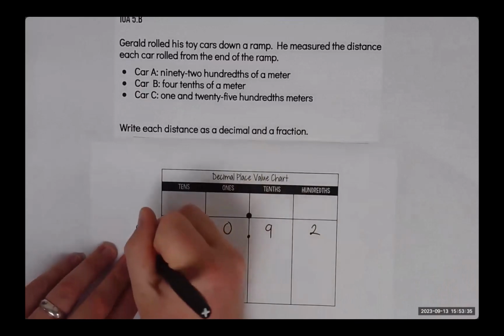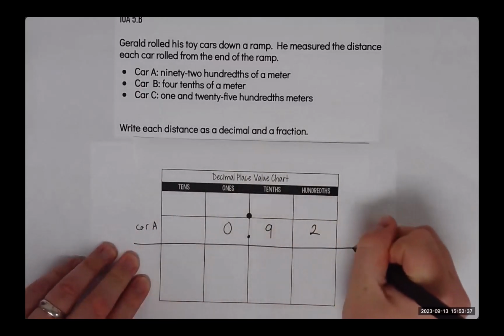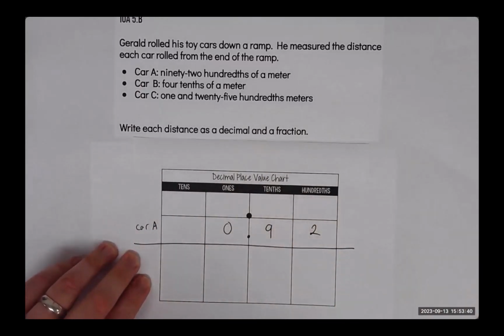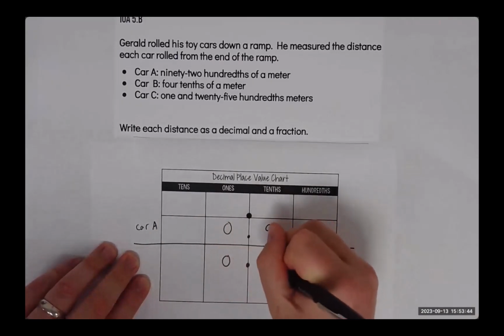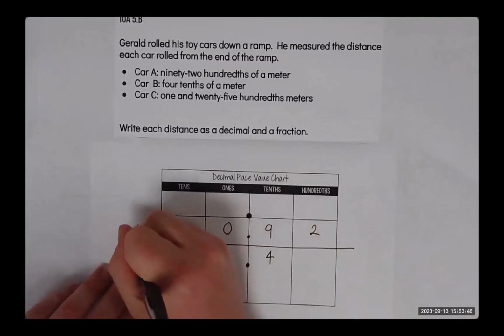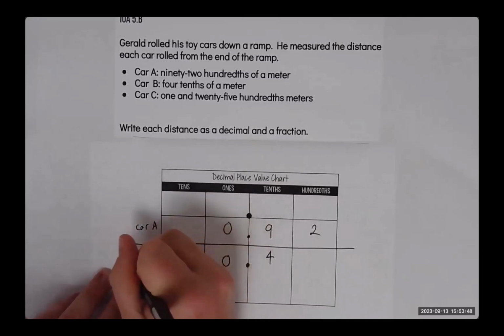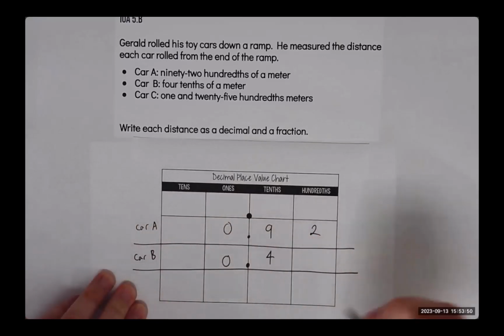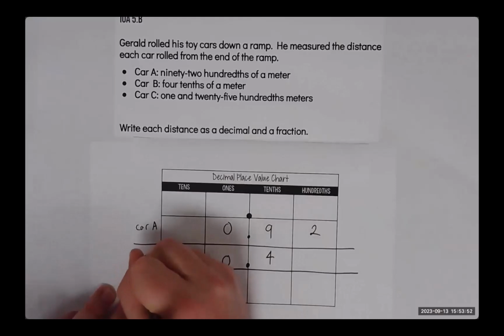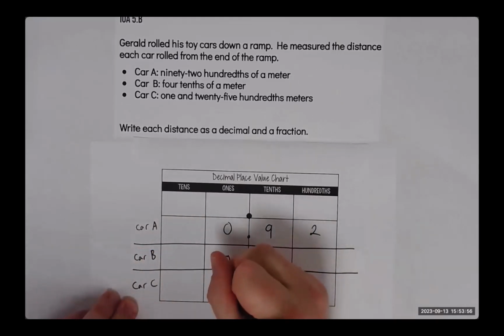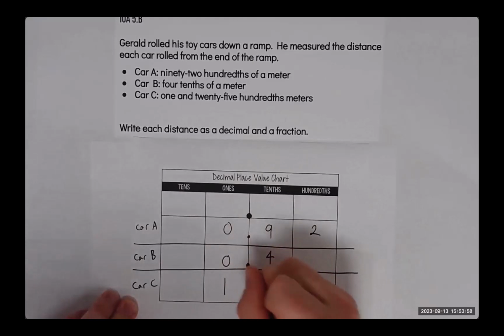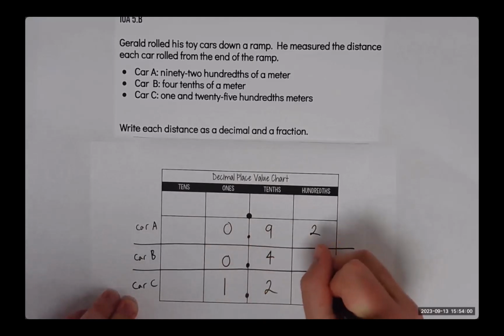For car B, I have 4 tenths. So I'm going to write this as 4 tenths. And for car C, I have 1 and 25 hundredths. So I'm going to write this as 1 and 25 hundredths.